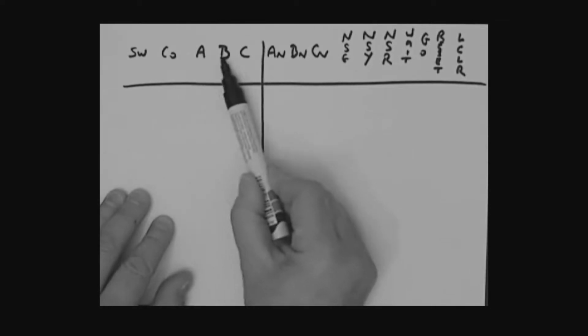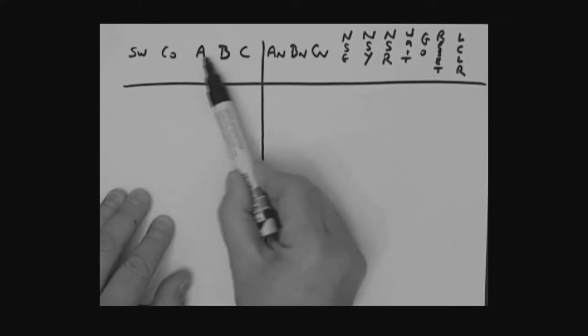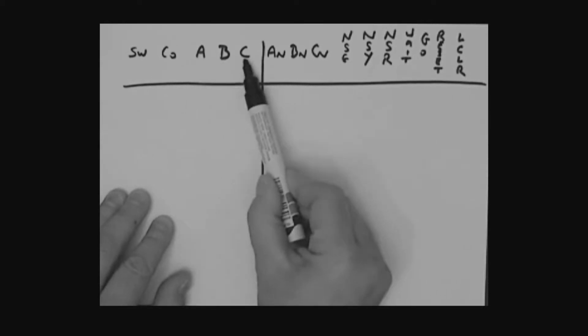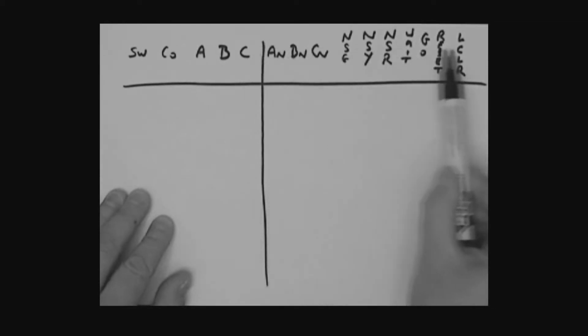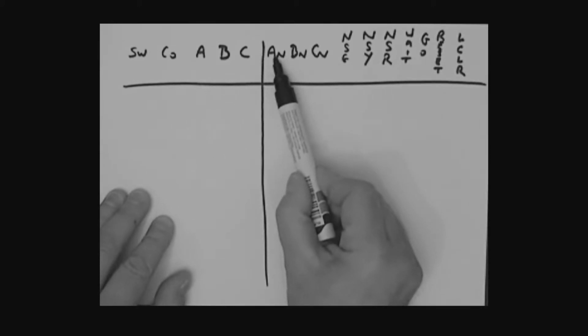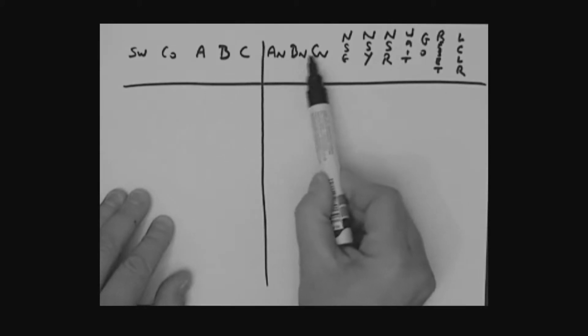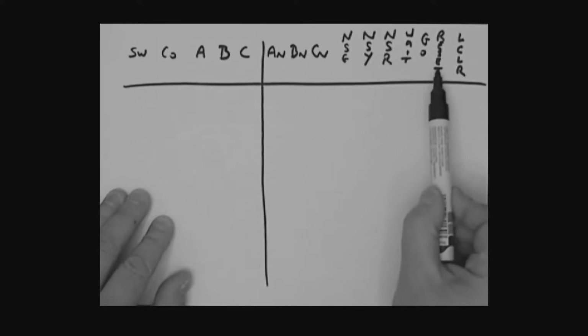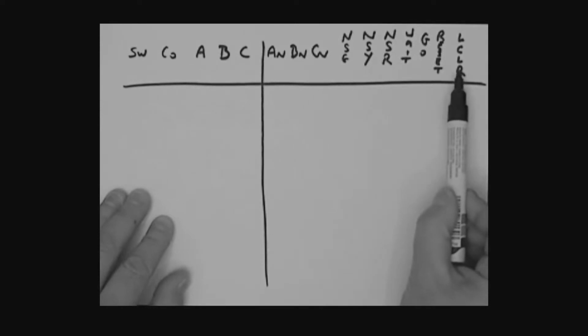We have A, B, C, which of course are the outputs from the state variable flip-flops that indicate the present state, the current state that we're in. Then these are all outputs. We have special outputs, the next state outputs, that's AN, BN, CN. And then of course we have our lights over here, and then we have the reset that goes to the SR latch, and then we have the clear, which is an output that goes to the counter.